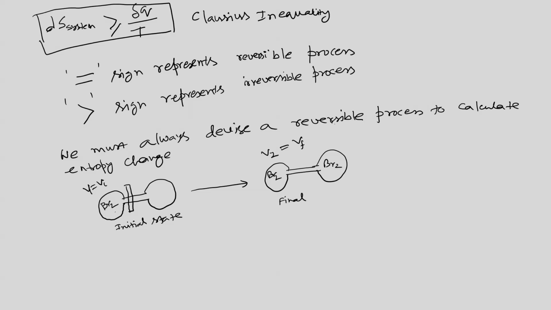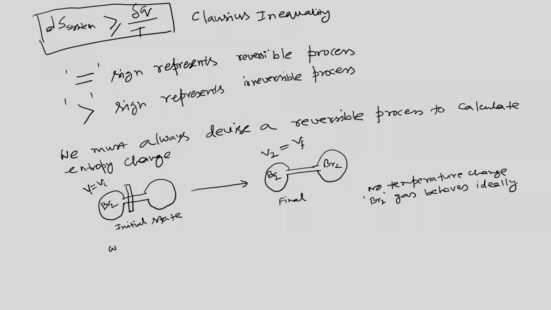Remember, if we remove the stopcock, the gas will spread spontaneously. So this is an irreversible process. But how do we calculate the entropy change for this process? Suppose there is no temperature change, and Br2 gas behaves ideally.